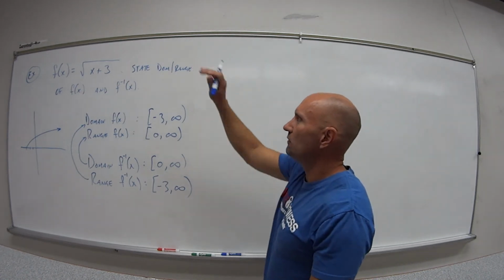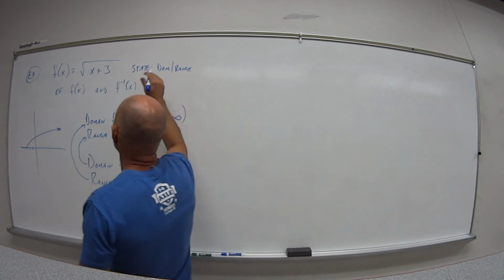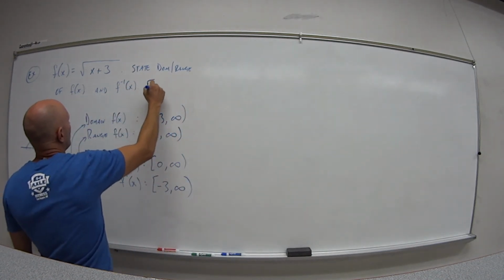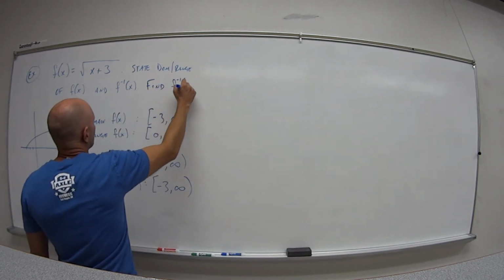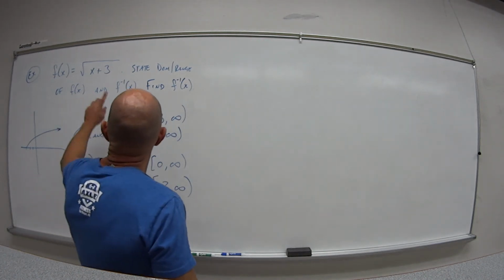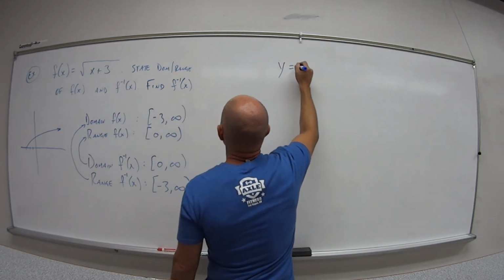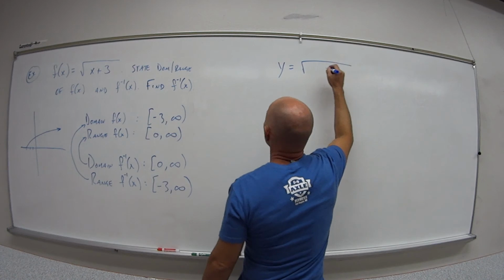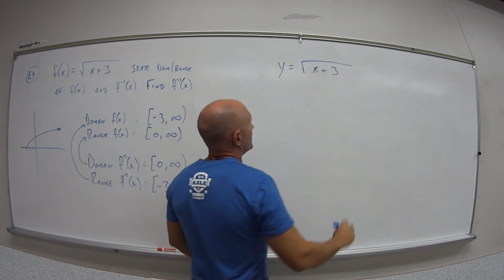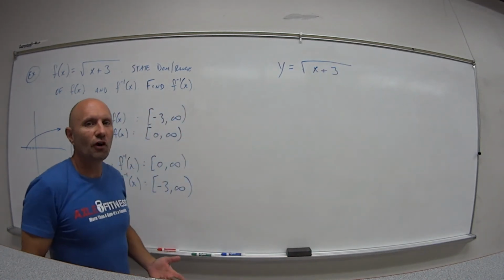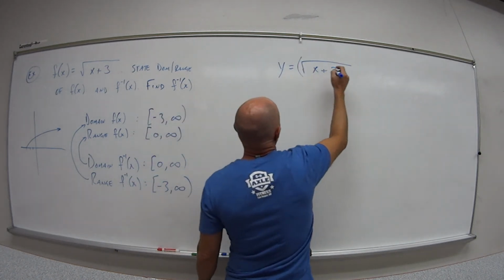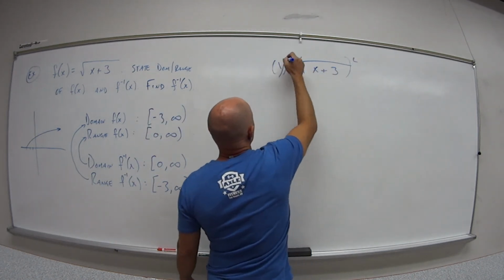But now let's go ahead and find this. So that's it, state the domain. And then also let's find f inverse of x. So we say y equals the square root of x plus 3, and I need to solve for x. So what do I have to do? I have to square both sides.